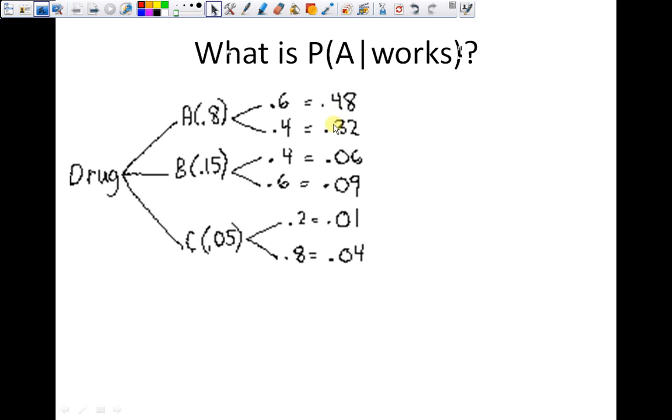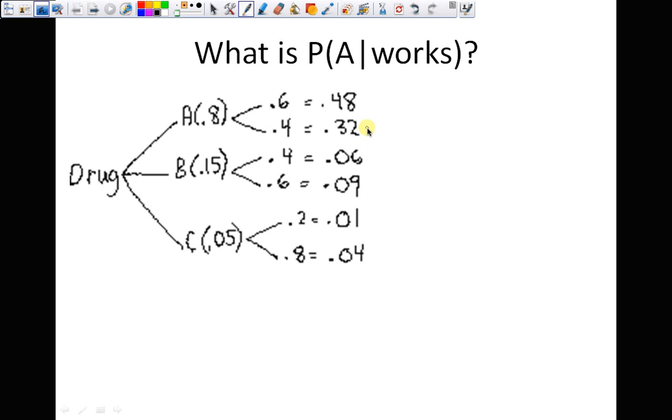Okay. Next question says, what is the probability of drug A given that it works? So to make this make a little more sense as far as a problem, given that a drug has worked, what is the probability that it was drug A? Okay. So first let's think about what I like to call our universe, which is works.